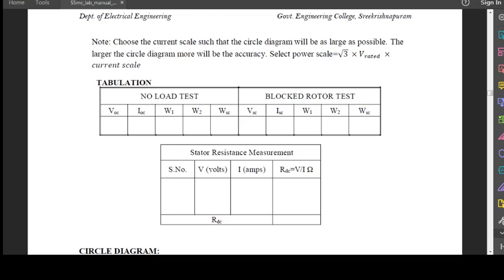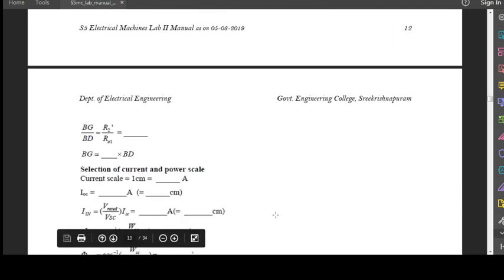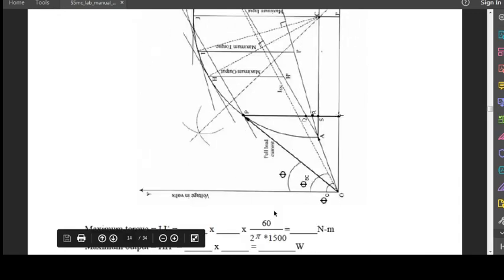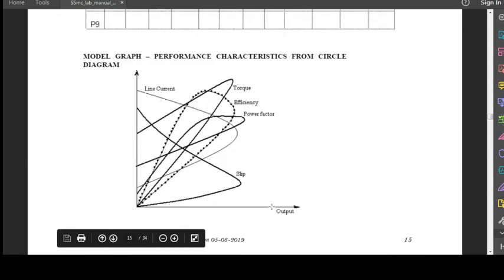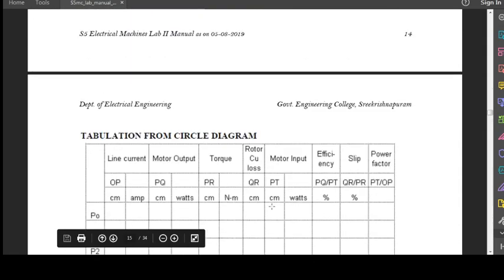So this is our PDF. In this PDF we have to calculate the equivalent circuit.